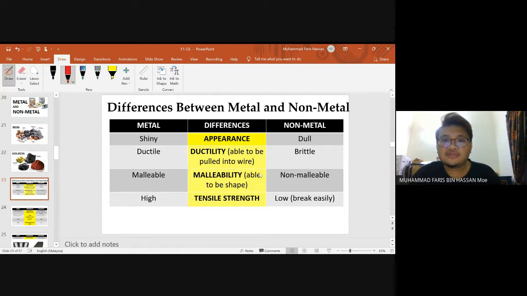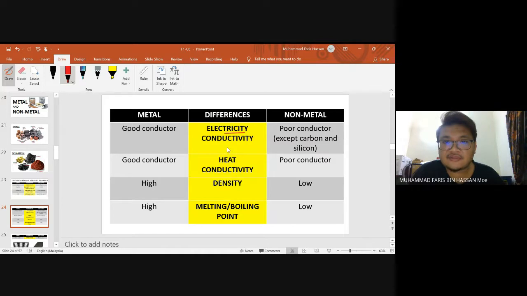Metals and non-metals can be different based on these differences. For example, they can differ based on appearance, ductility, malleability, tensile strength, electrical conductivity, heat conductivity, density, and melting and boiling point.